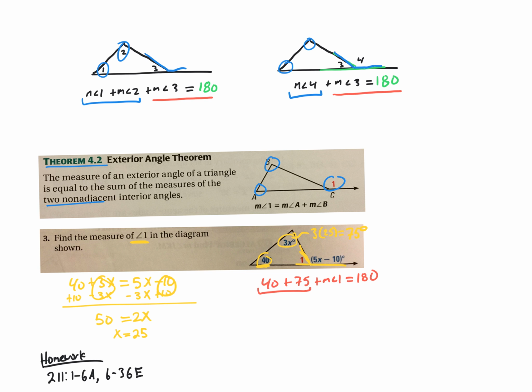Adding these two together, I get 115 plus the measure of angle 1 is equal to 180. Subtracting that 115, those go to 0. So the measure of angle 1 is equal to 65 degrees.